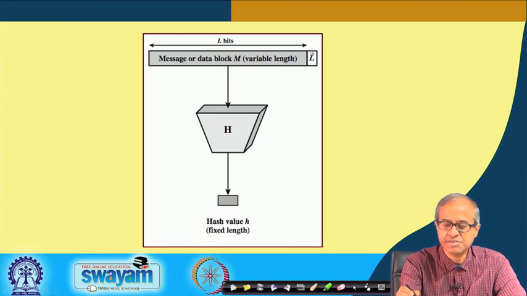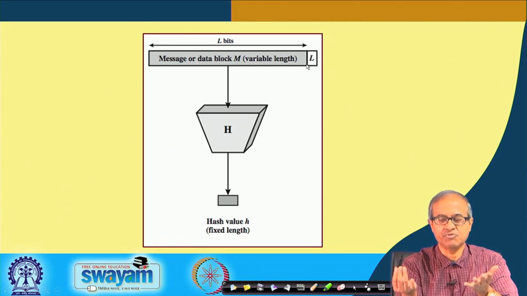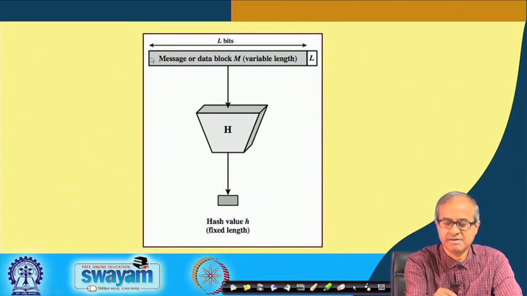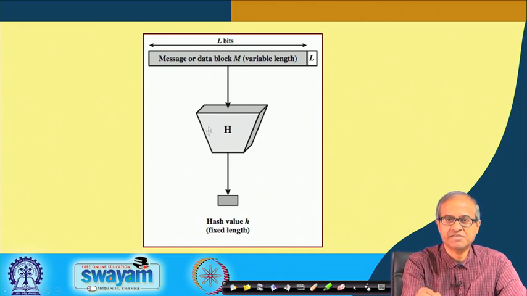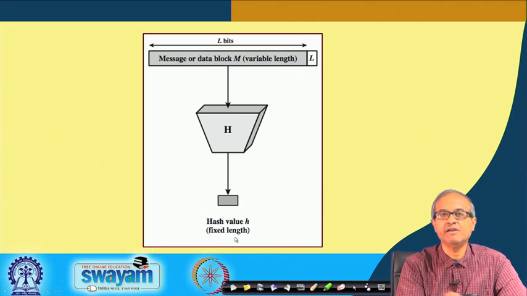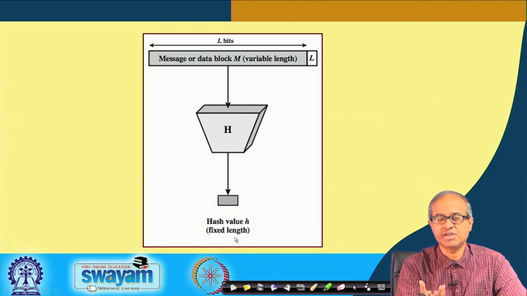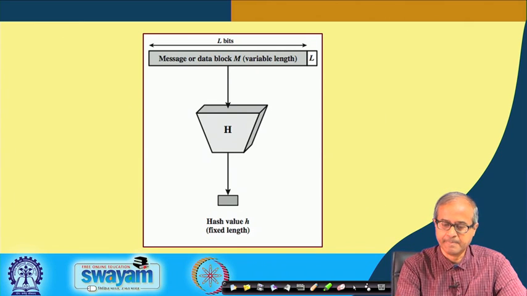Sometimes we add some additional bits at the end to make it a multiple of some unit, let us say to make it an L-bit number in total. Then we apply a hash function, and we get a small hash value which is typically of a fixed length. It can be 128 bit, 160 bit, or 512 bit. This size is fixed.